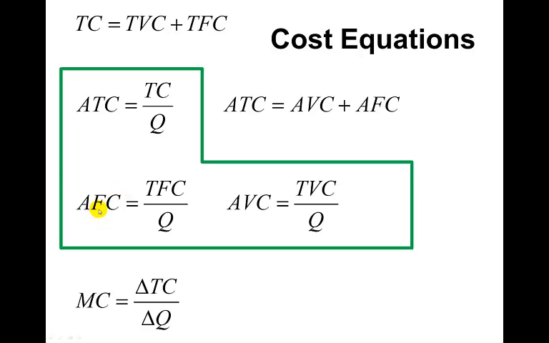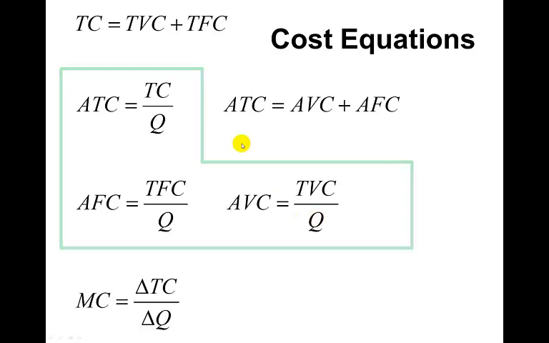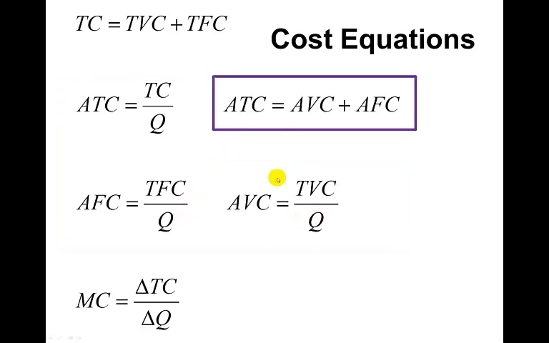Average fixed cost, I take my total fixed cost divided by the quantity. Average variable cost, I take my total variable costs divided by the quantity. Now, one other important thing to keep in mind is, remember I had this formula for my average total cost. I also have this formula too. So if I take my average variable cost, add on my average fixed cost, then I also get my average total cost.